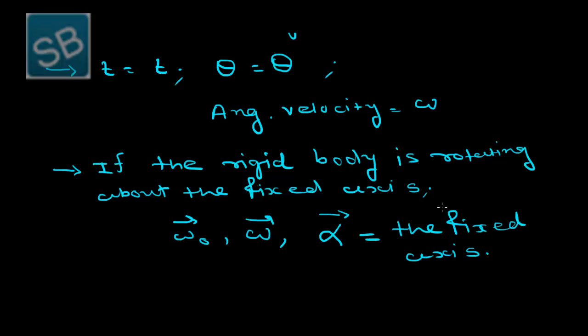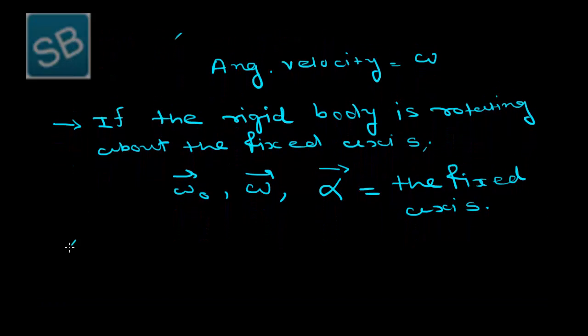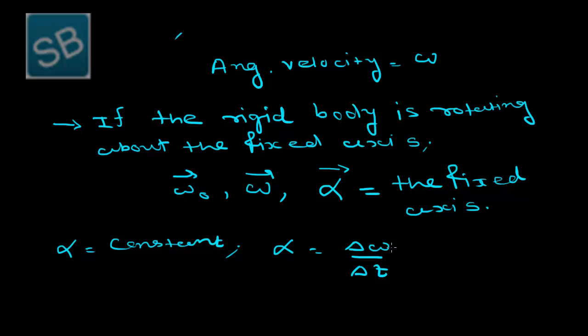And as alpha is constant, according to the definition of angular acceleration, alpha is delta omega by delta t.